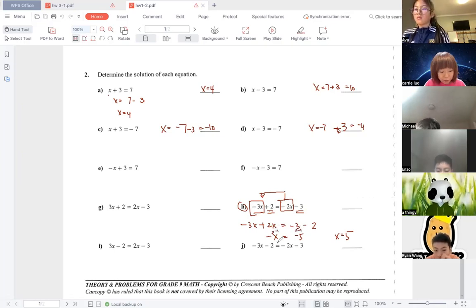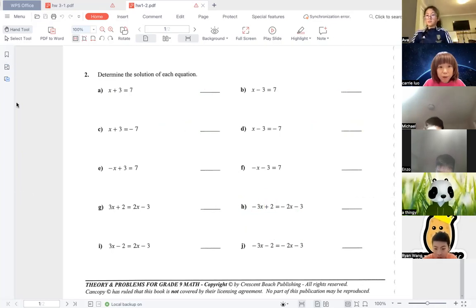So negative x equals positive. Get it, everybody? Okay, so now everybody, your turn. E, F, G, I, J. Okay, so 5 questions.